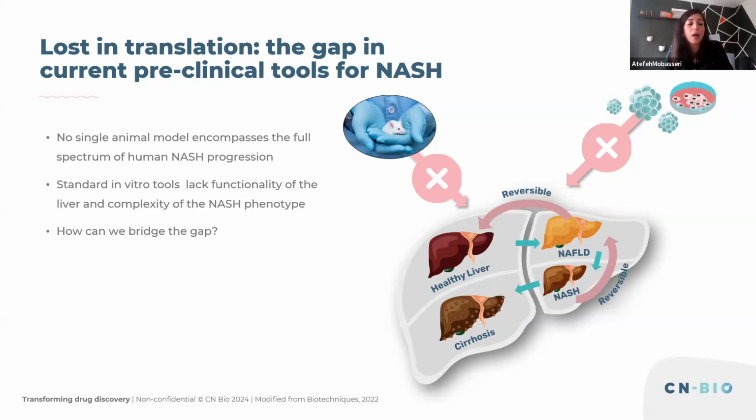So usually we need to design several different animal models to be able to explore NASH in animals. And for in vitro tools, there is a limitation in fully showing the functionality of the liver and also the human NASH phenotype in vitro.